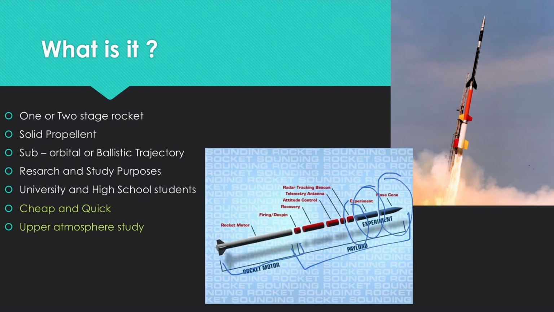This is used for tracking the position of the rocket. Next, it has the telemetry antenna and attitude control. Finally, we have the recovery section, which houses the parachute, and the firing or despin section. This basically is for the firing part and also stops the rocket from spinning like crazy.